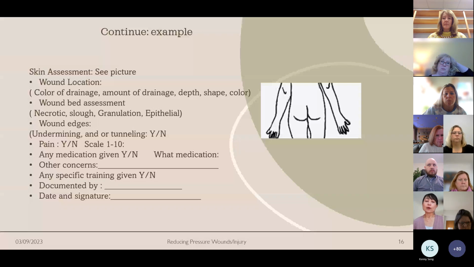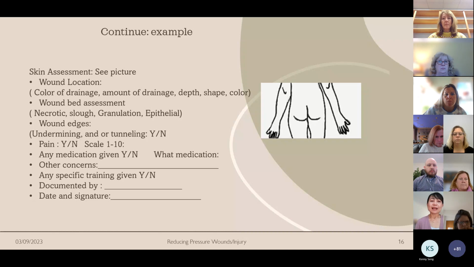So then we need to reach out for extra support from the VNA, for example, and then have this training done for the shared living provider to make sure that there will be no gap after the discharge. So that will be complete healing for the member. So I put this pain, like, is there any pain? What is the scale 1 to 10? This is just an example.